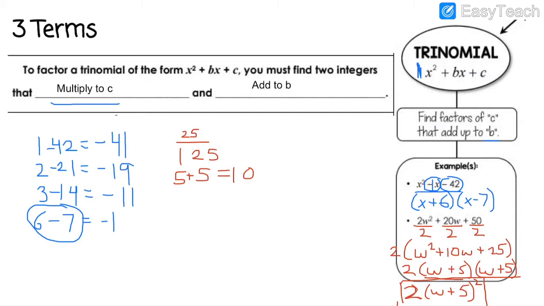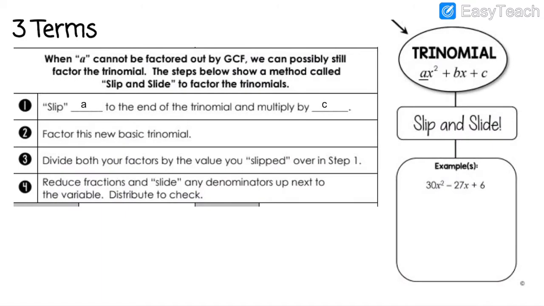All right, so we have learned one more way of factoring, and that is if we have a number in front of our x squared. So we called this the slip and slide method. So first look, do we have a greatest common factor? Is there any number that will go into 3, 27, and 6?